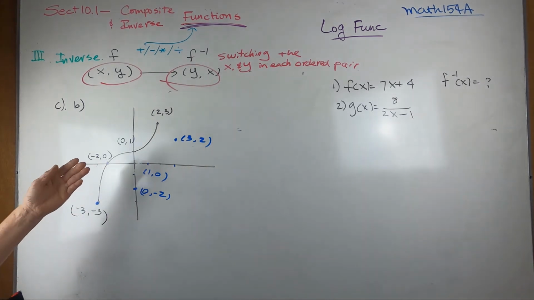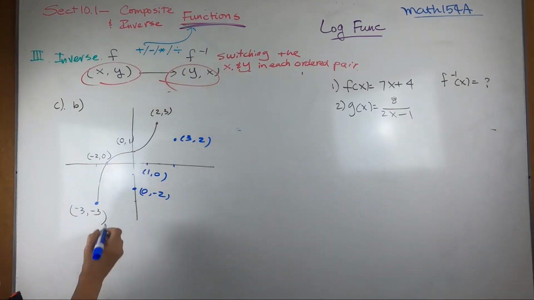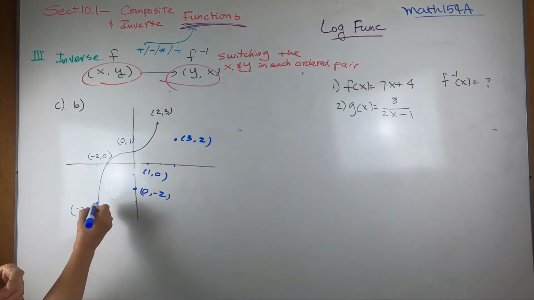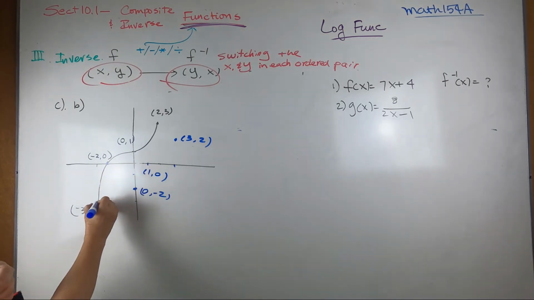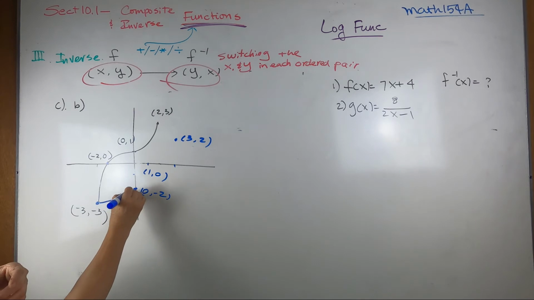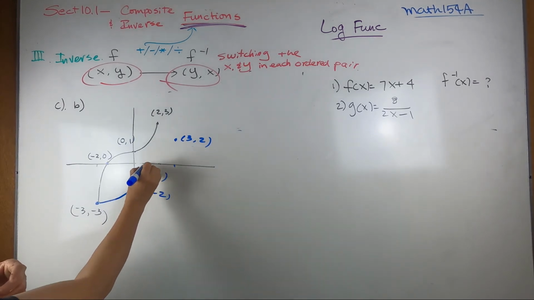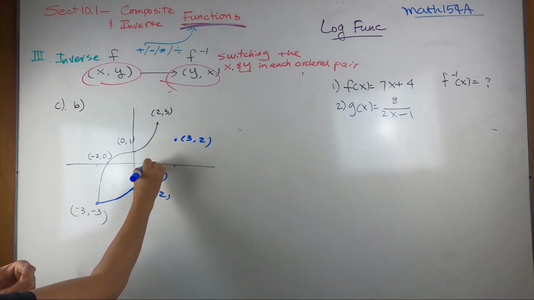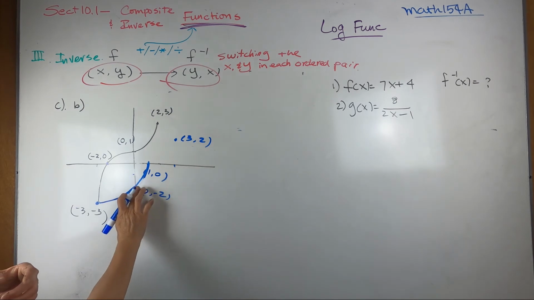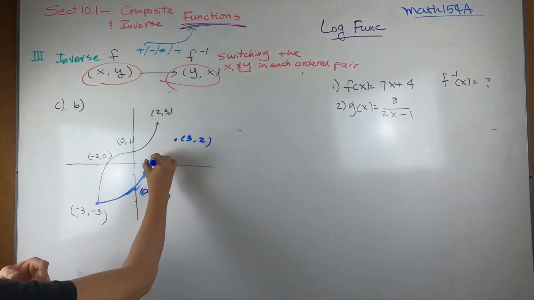But it's opposite of that. So how does it look like? So opposite would be like here, right? Go through this point, go through this point, go through here, okay? Then go there, opposite.